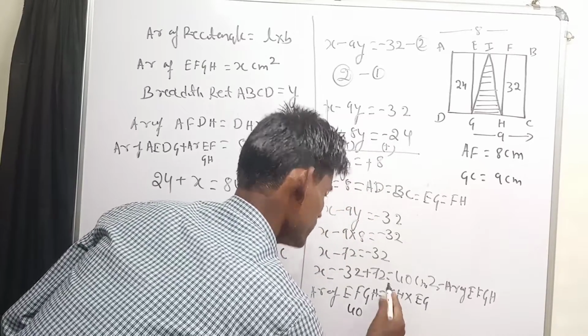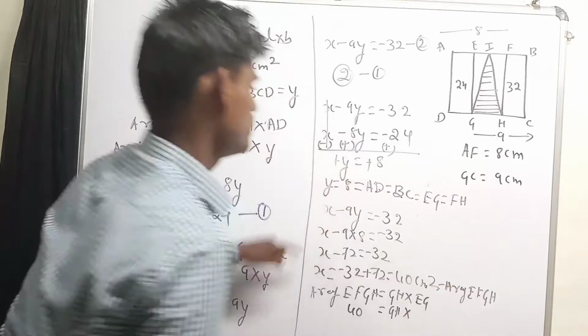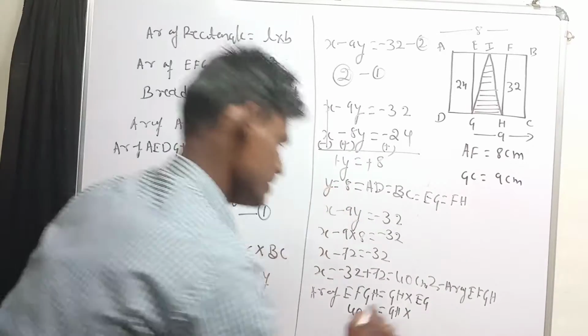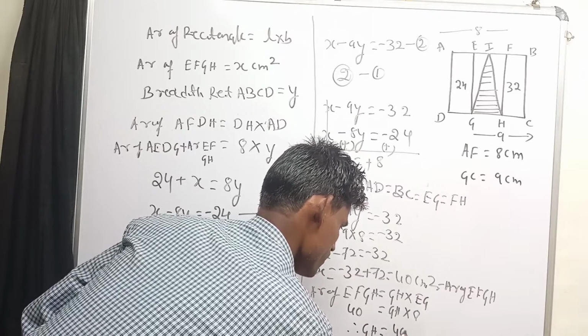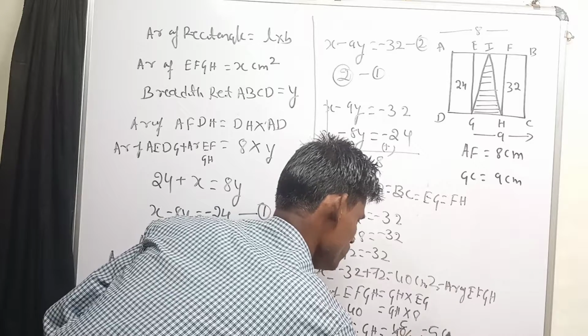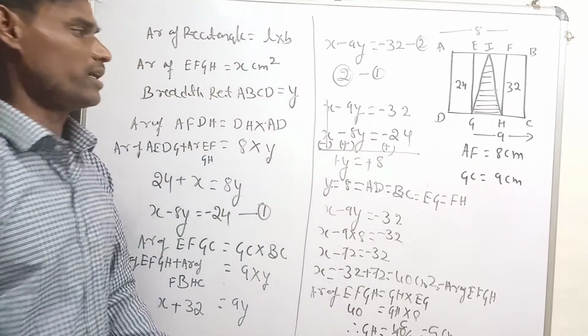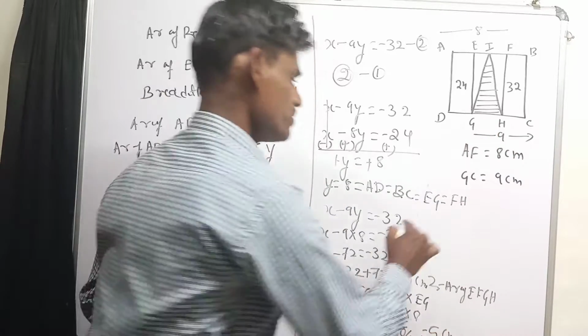So it is 40. We don't know the value of GH, so let's write it as it is, into the value of EG, which is 8. Therefore GH is equal to 40 by 8, which is equal to 5 centimeter. Now we have the value of GH, which is 5 centimeter.